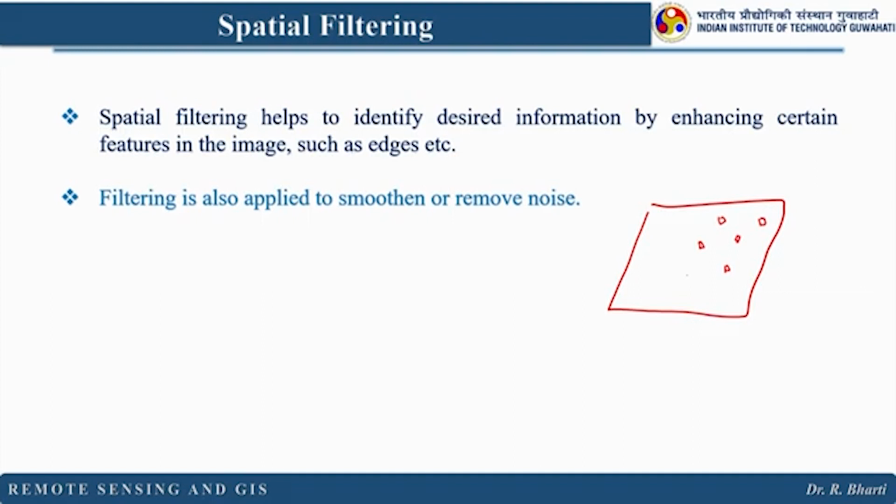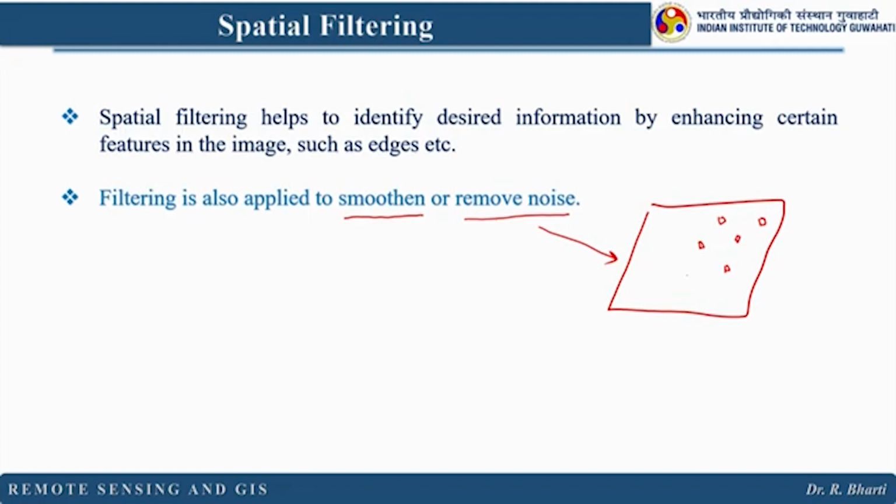Filters are also used to smoothen and remove noise. Suppose you want to map the forest area of the whole of India and you have a very high resolution image, let us say 1 meter resolution, which is not required to map the forest area.